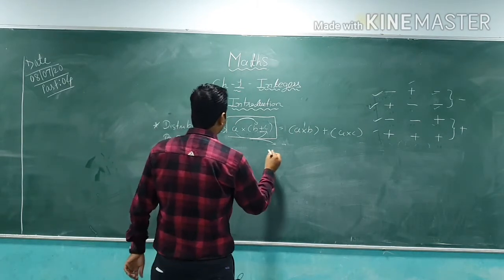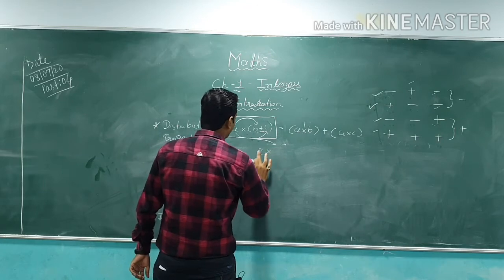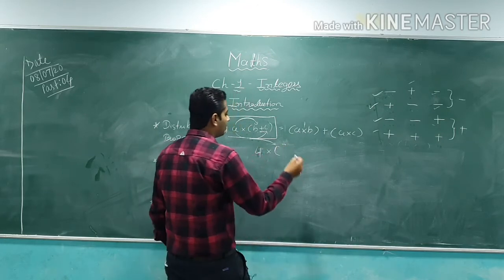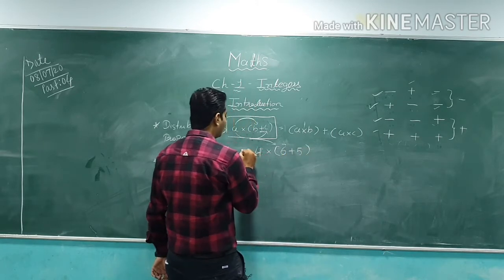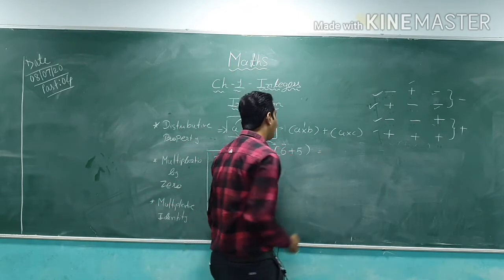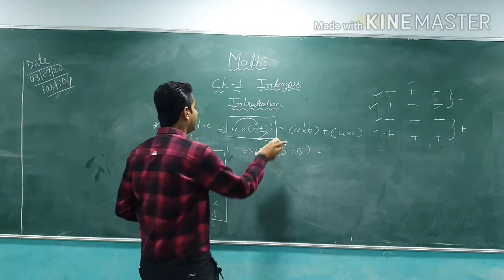So now another example I'll take. Let's take a simple example. 4 in the bracket 6 plus 5. That is a simple example. No negative integers, all are positive integers.